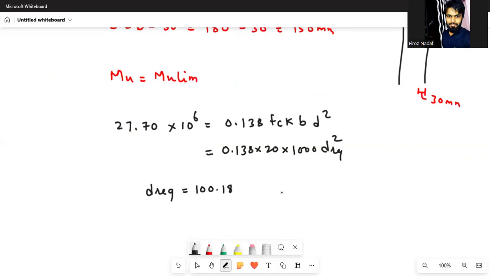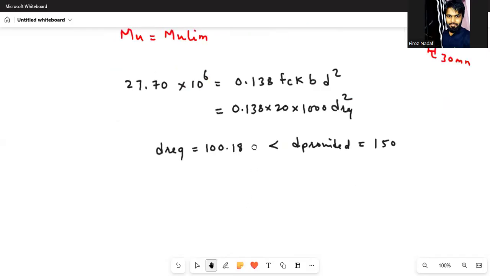But what we have provided is 150 mm. Okay, so d provided is 150 mm. So whatever depth we have provided, it is okay with respect to strength criteria. It is okay with respect to safety criteria. Okay.